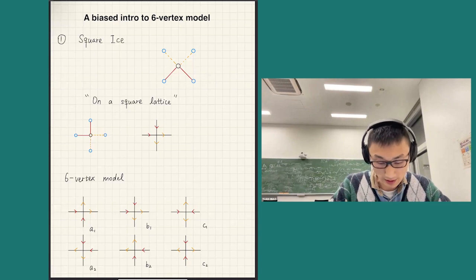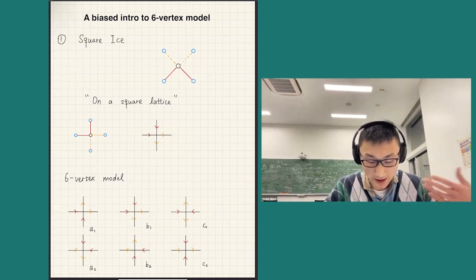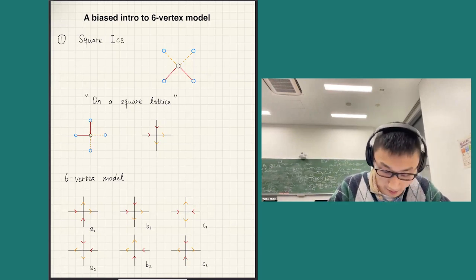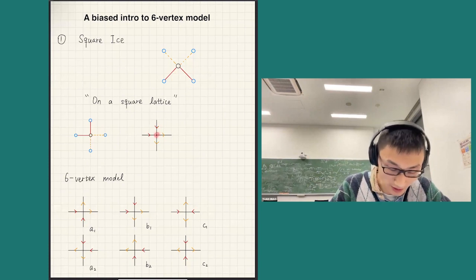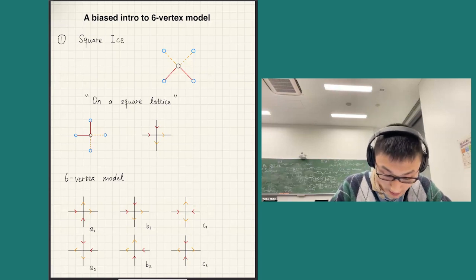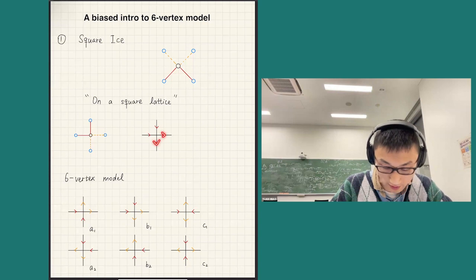We can put this into a diagram where, if they are connected by the chemical bond, we put an arrow that goes into the vertex centered on this oxygen atom. For the dashed line, which corresponds to the hydrogen bond, we put an arrow going out.